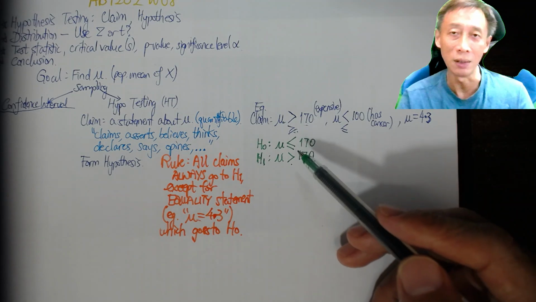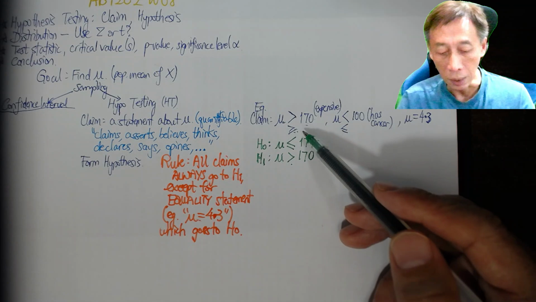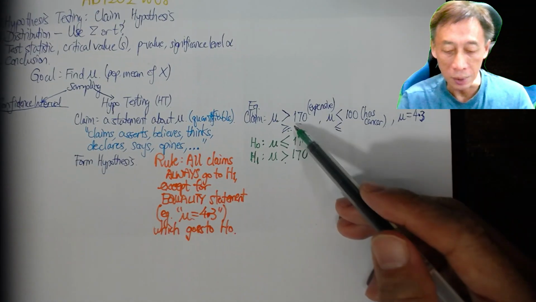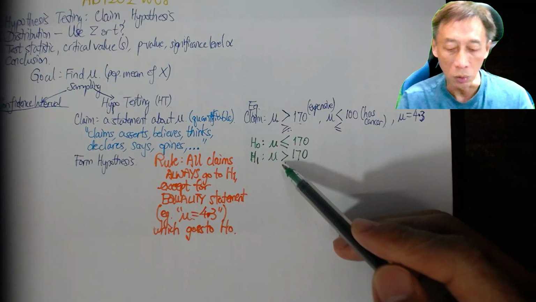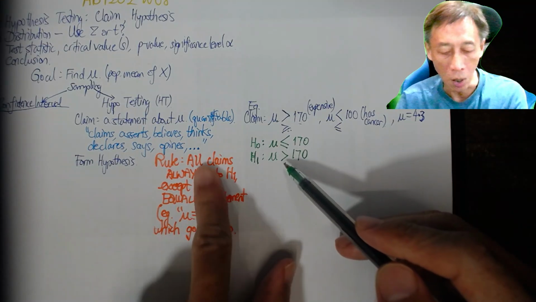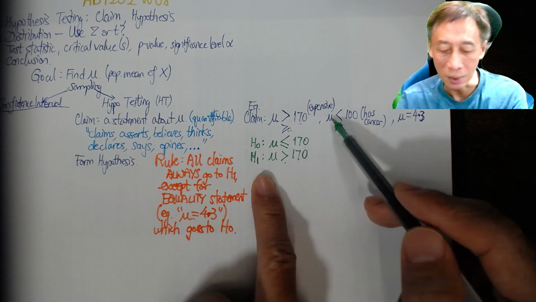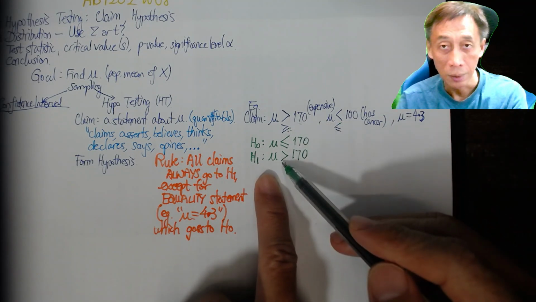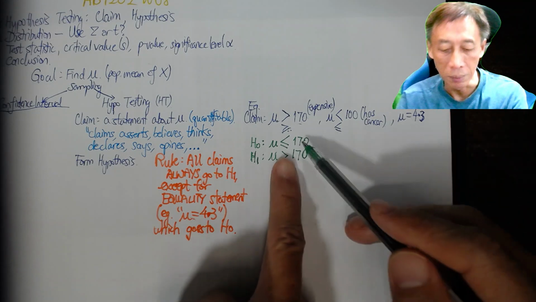That's absurd if you think about it. That's too drastic. So the idea is when the claim has inequality, that claim statement goes to H1. Whenever there's inequality, it goes to H1. When it's exactly, strictly equality, then that statement goes to H0.